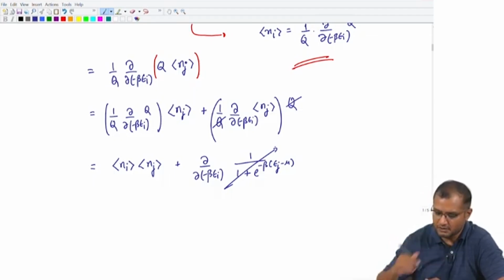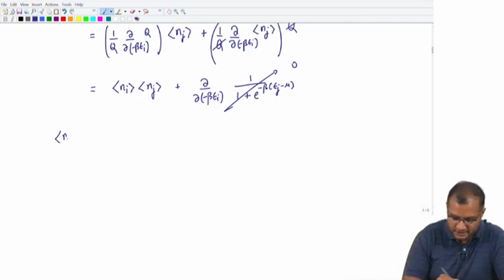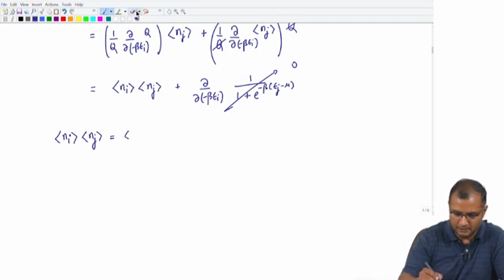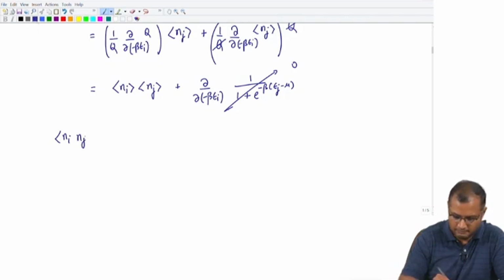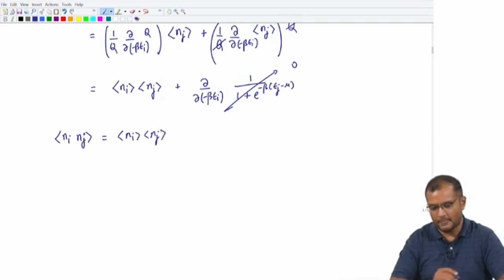So, this derivative goes to 0 and what you are left with is just the fact that these cross moments, if i and j are not the same, are nothing but the product of individual moments. I am sorry, I must correct myself here. The cross moment is equal to Ni Nj. So, that is the first result.